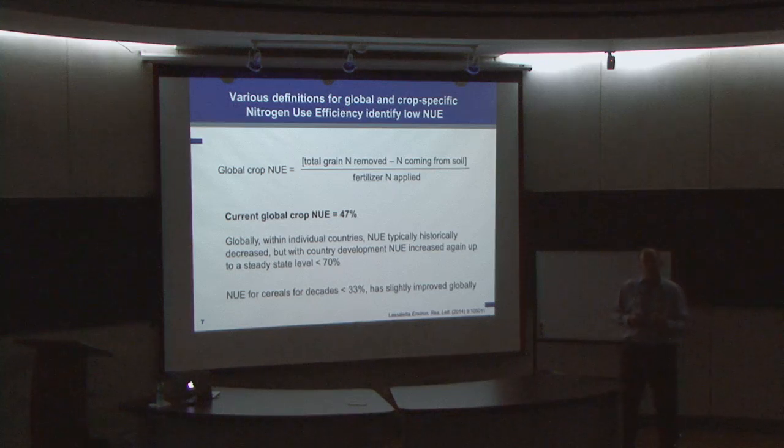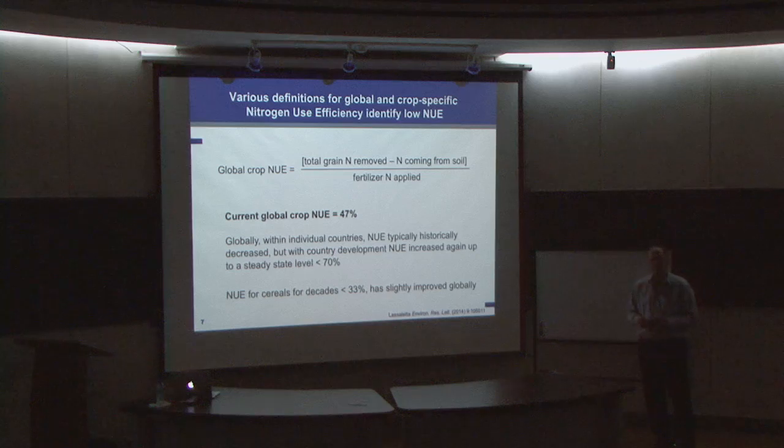With very, very optimal conditions we can get up to something like 70%, but that seems to be the maximum level. The nitrogen use efficiency for cereals, most important crops worldwide, harvested on the largest area worldwide, was for decades in a range of 30, 33 or so %.